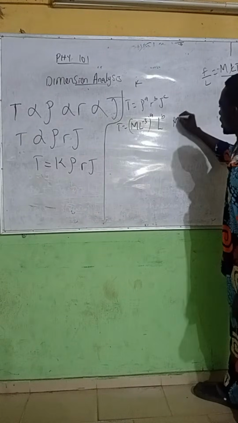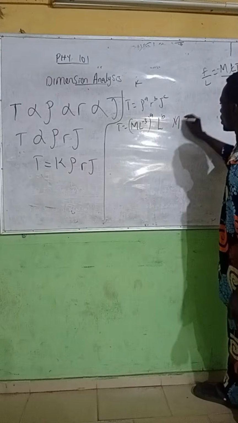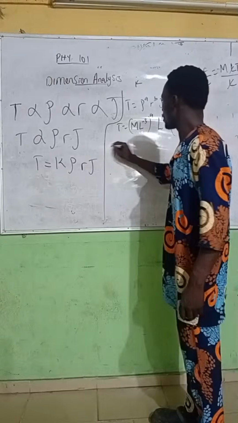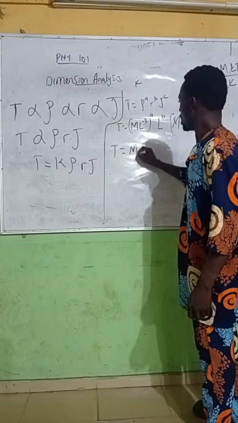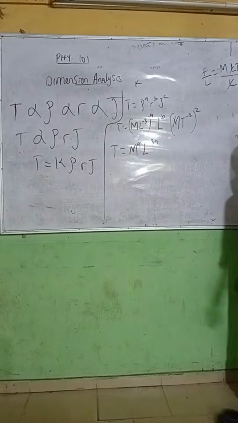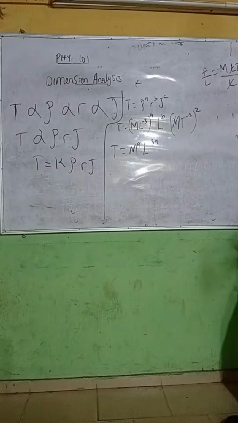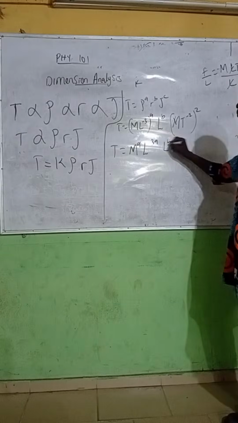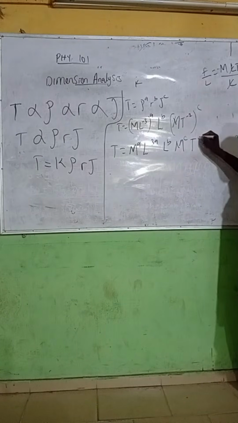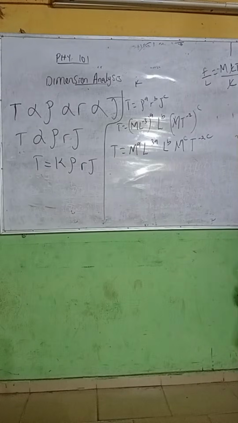So surface tension is MT minus 2 raised power what? C. So here we have T equals to M raised power A, L raised power minus 3A. Are we together? We open the bracket. L raised power B, M raised power C, T raised power minus 2C. Right?